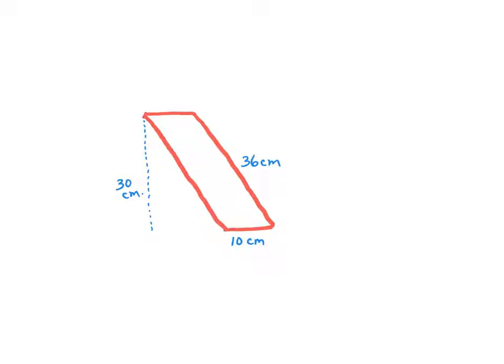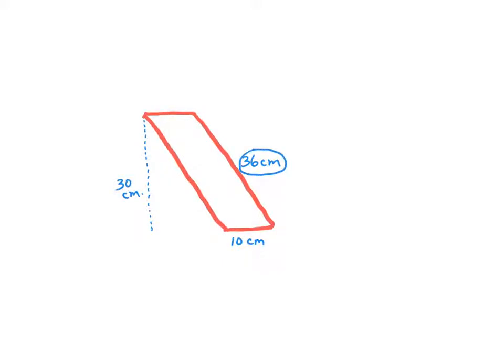In your homework, you'll have to do some problems finding the area of a parallelogram without it being on graph paper. So let's take a look at an example like that. Here I have a parallelogram again, and it looks like the base of this parallelogram is 10 centimeters. Notice that the one slanted side right here is 36 centimeters.